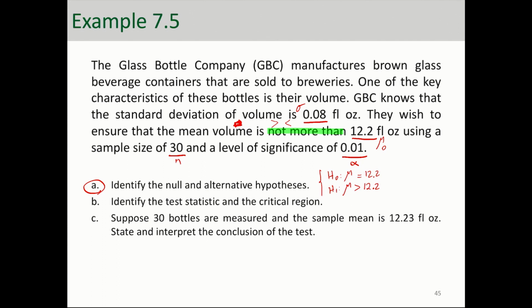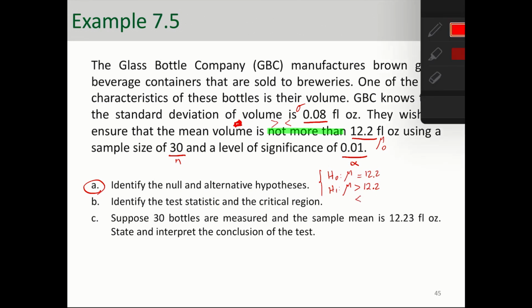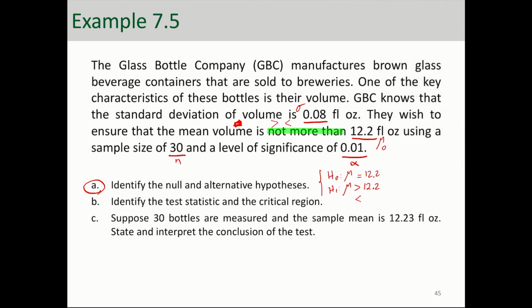But at the same time, keep in mind that you can 100% have mu less than 12.2 as your alternative hypothesis, and that would be fine as well. I'm just telling you that in quality control applications, the undesired result typically goes into the alternative hypothesis. So keep that in mind. Okay, now that is our null and alternative hypothesis.